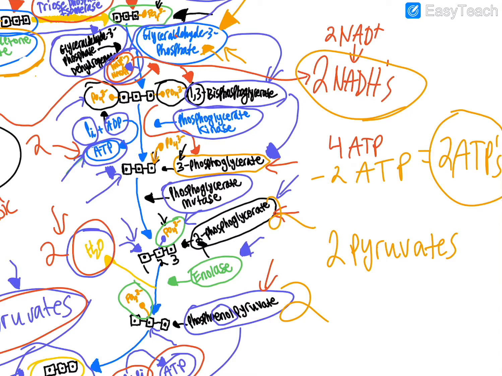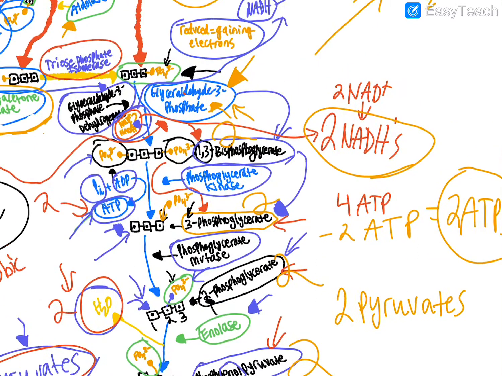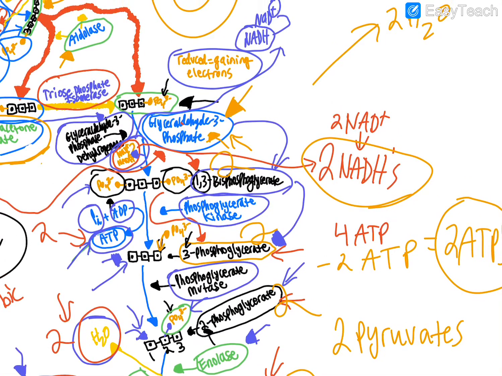Instead of 1 3-phosphoglycerate molecule, we have 2 3-phosphoglycerate molecules, right? Instead of 1 1,3-bisphosphoglycerate molecule, we have 2 1,3-bisphosphoglycerate molecules. I know this is kind of redundant or repetitive, but this is what happens in your body. Instead of having 1 glyceraldehyde 3-phosphate, we have 2 glyceraldehyde 3-phosphates. And that's it from there to there.